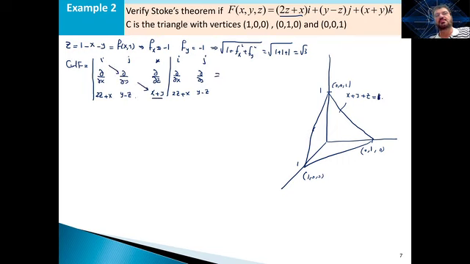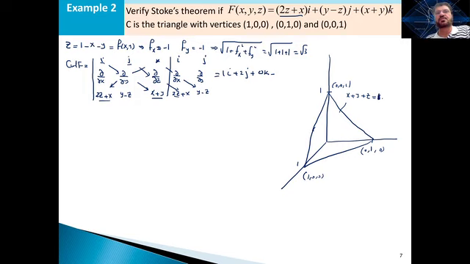The derivative of this one with respect to y is 1i, because this is i. Let's look at j. What's the derivative of this with respect to z? This is 2 and this is 0. So plus 2j plus, what's the derivative of this with respect to x? I think it's a 0. So we get 0k minus, let's go this way.